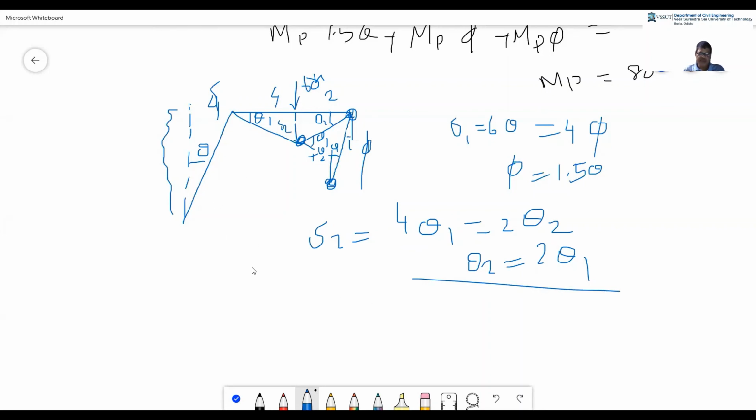Now what is the value of this here? It is 1.5 MP, and here it will be MP, and here will be MP.